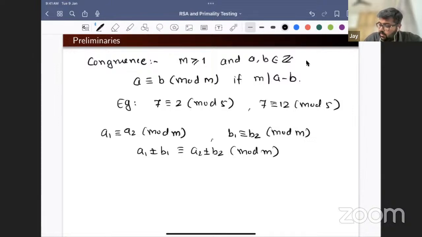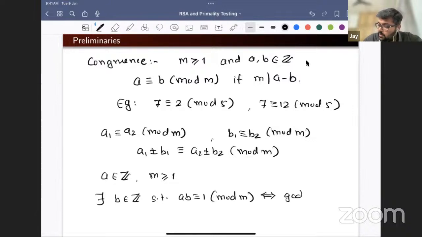Suppose a is an integer and m is greater than or equal to 1, then a has an inverse modulo m. That means there exists an integer b such that ab is congruent to 1 mod m if and only if GCD of a and m equals 1. So if a and m are relatively prime, then it has an inverse. So it is if and only if. If it has an inverse, then the GCD of a with m is 1.